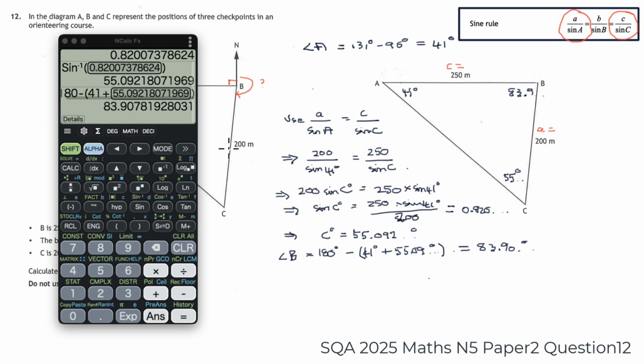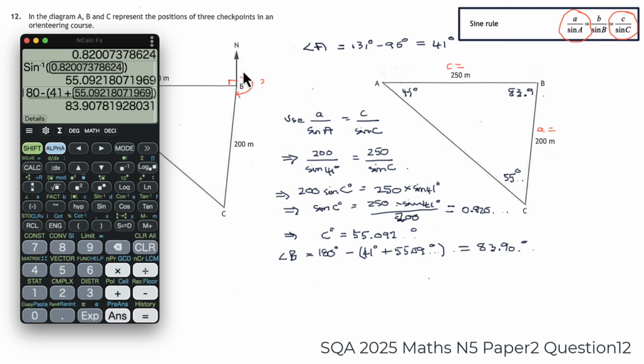So how do I work out the bearing of point C from point B? Well, the whole angle around this north arrow consists of 360 degrees. So if I take away 90 and also this 83.9 that I've just discovered from 360, I'll be left with the bearing that I'm after.